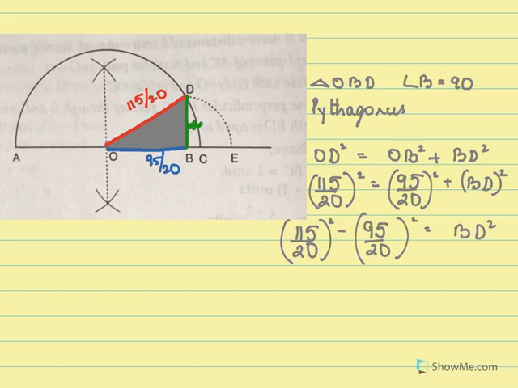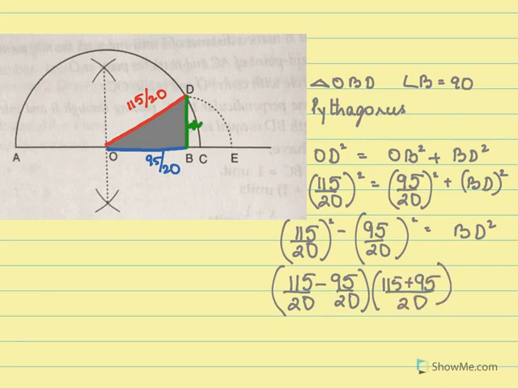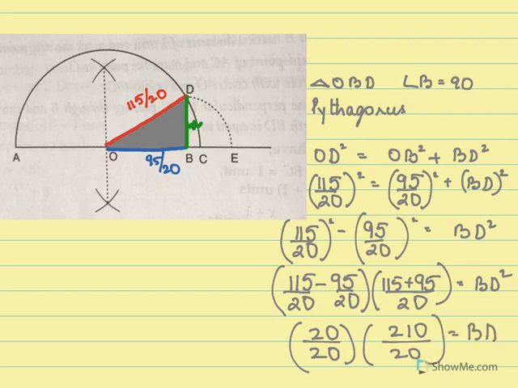So A square minus B square, A minus B, A plus B. So 115 over 20 minus 95 over 20, that is A minus B. And now for A plus B, 115 plus 95 over 20, which is equal to BD square. Here in the second bracket I've already taken the LCM. First bracket becomes 20 over 20, and the second bracket, when you add up, you get 210 over 20 equal to BD square.